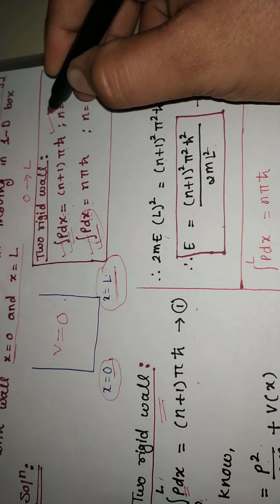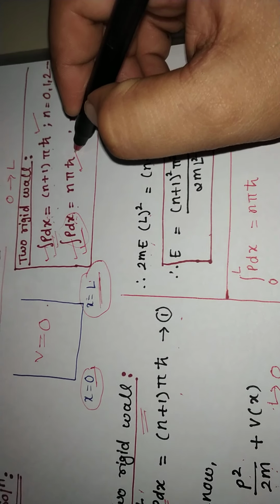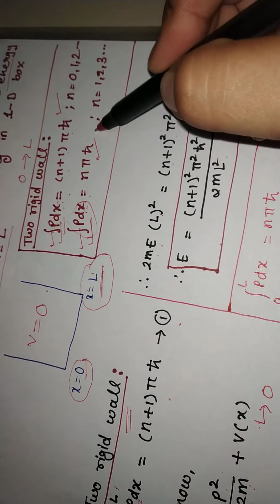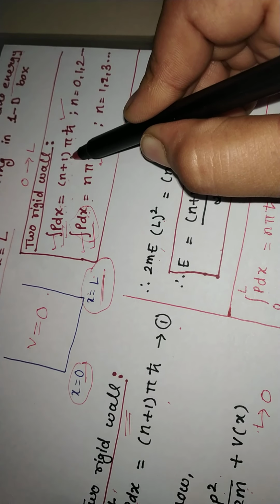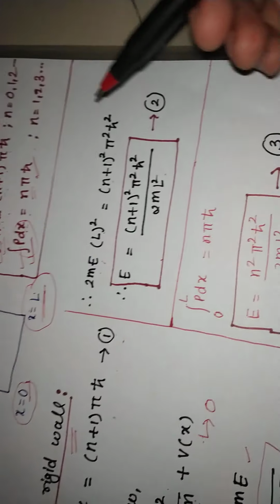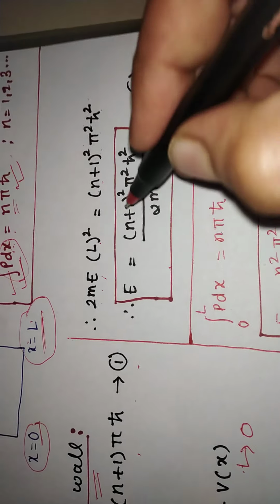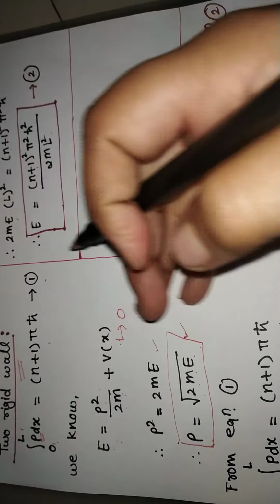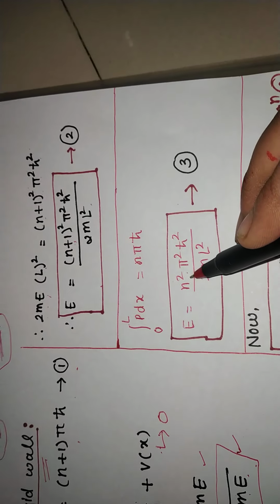Now we'll do the same by using the second formula. As you can see, in the formula only pi h cross is the same, and only one thing is extra: here we have n plus 1/2, and there we have n. So by using this formula you will get the same answer, only instead of n plus 1/2 you will get n squared, and obviously the method will be the same.